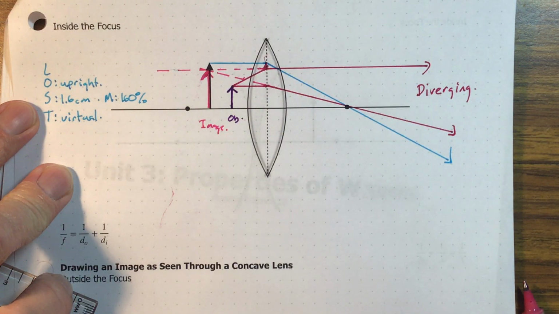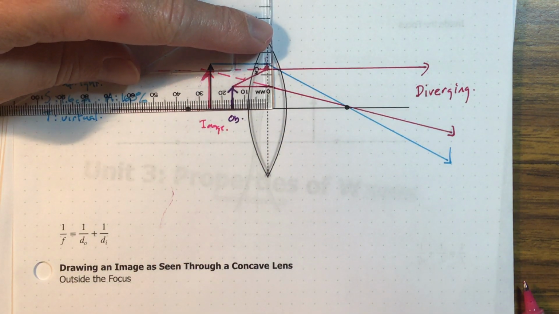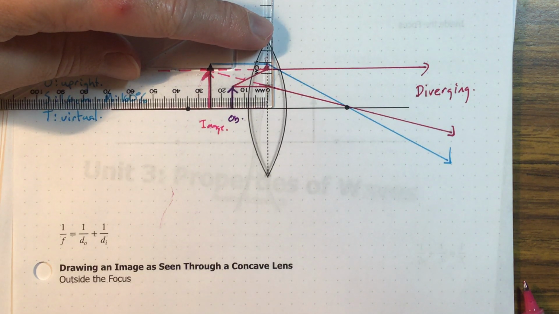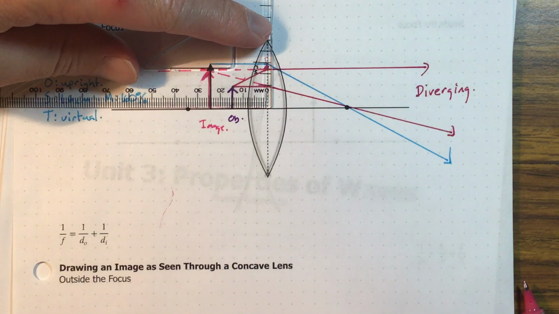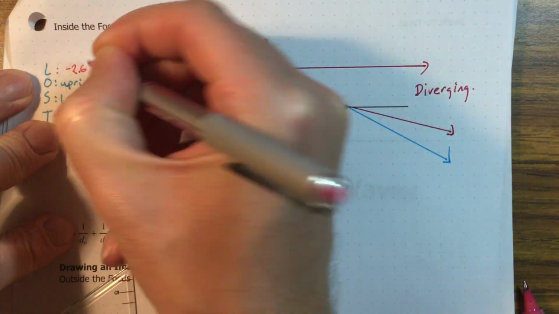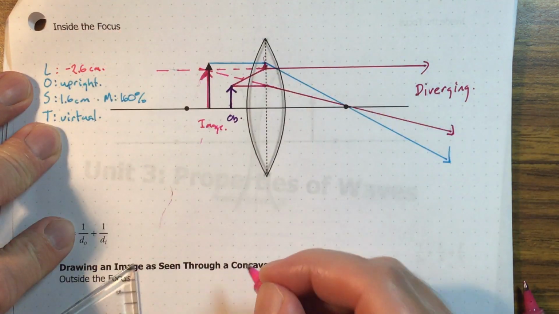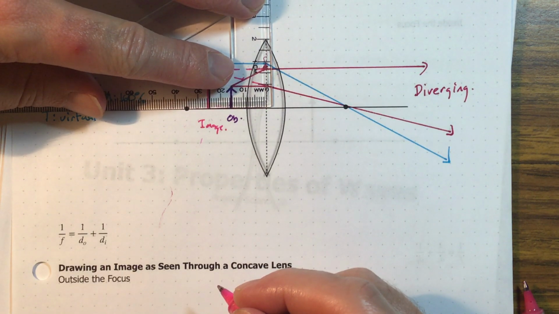And our location is, well, we measure it. What do we got here? 2.5. Pretty sure it's negative 2.6 this time, centimeters. Pretty sure. Our object is located at 1.5.